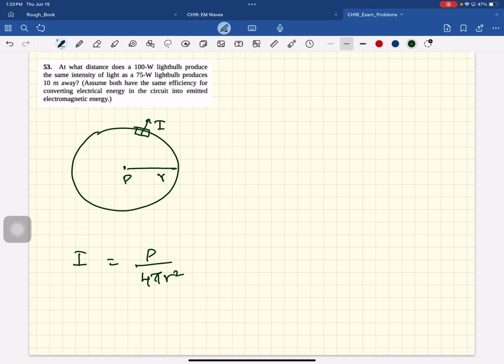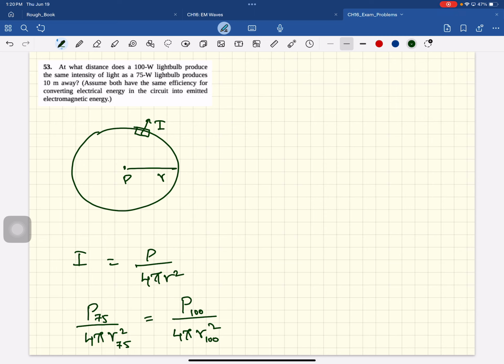All right, so what you want is, I guess, you want the 75 watt bulb, 4 pi r squared. You want the same intensity as the 100 watt bulb, 4 pi r squared.